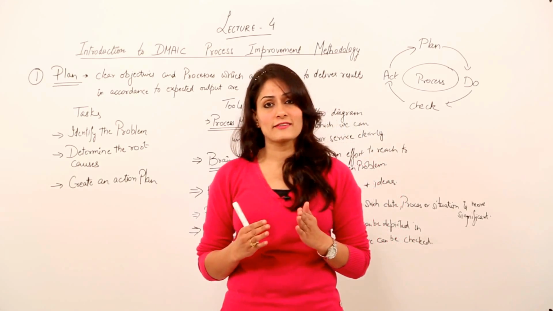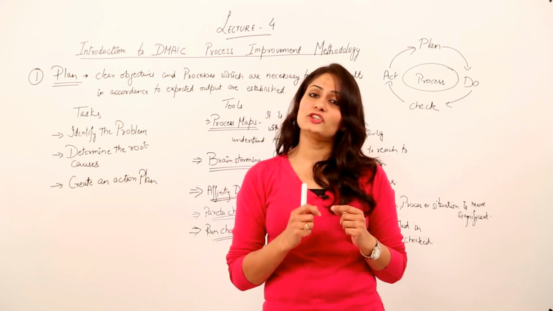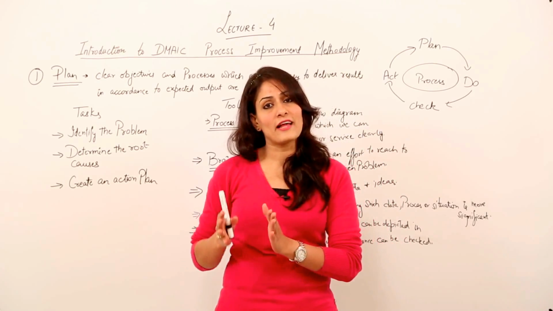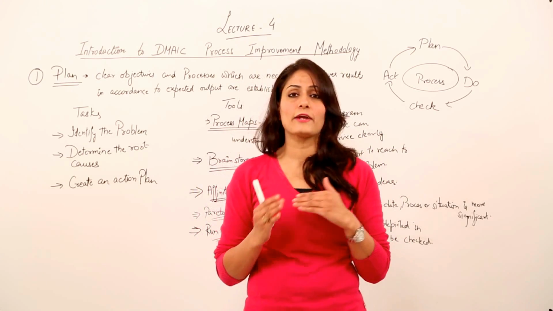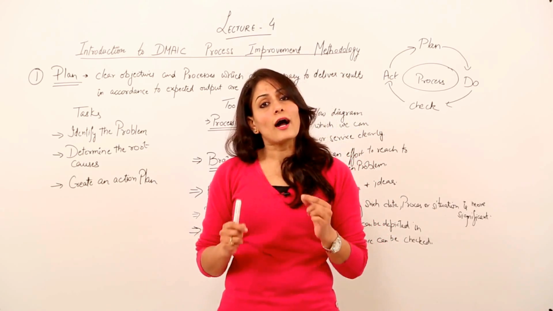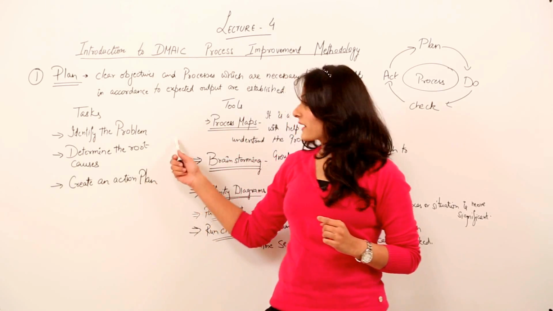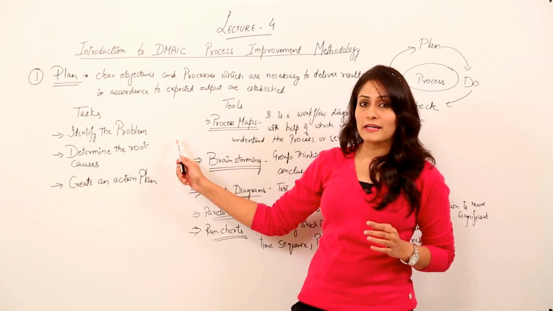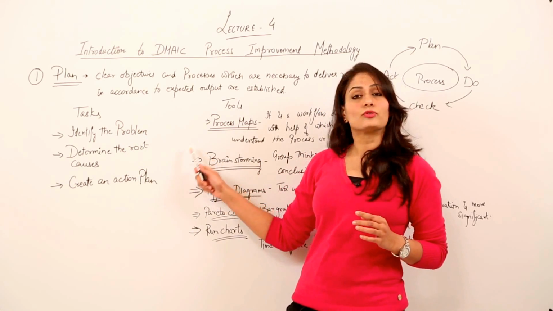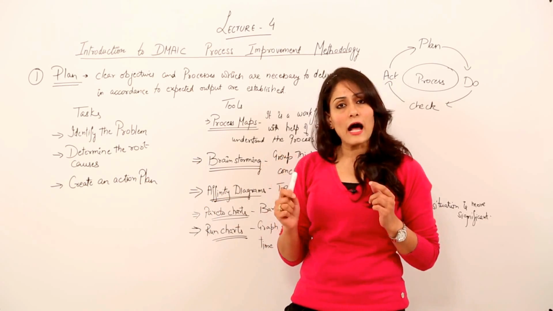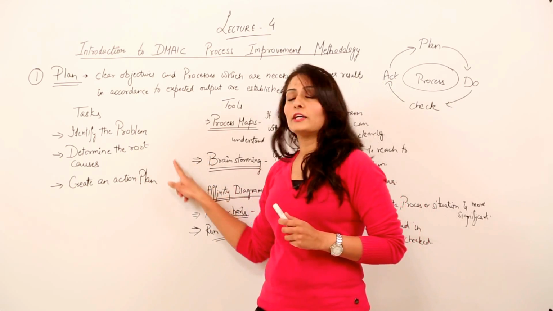What I mean to say is that you have initiated a PDCA cycle for your process. This means you are not satisfied with your current process and you want certain improvements in it. So what are the tasks accomplished in this plan phase? These are: you identify the problem, you determine the root causes, and you create an action plan.